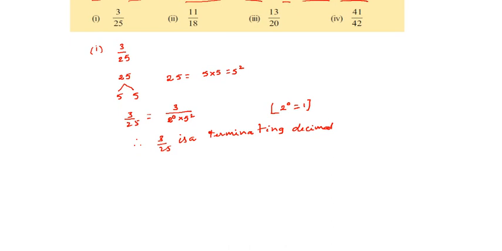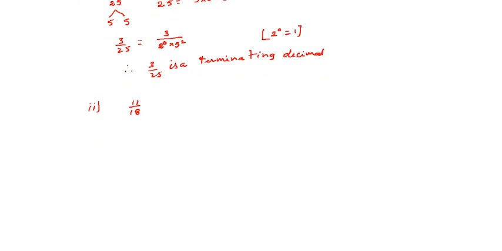We may go to one more, the second one. What is the second one? 11 by 18. Here you observe what the denominator is. Here the denominator is 18.